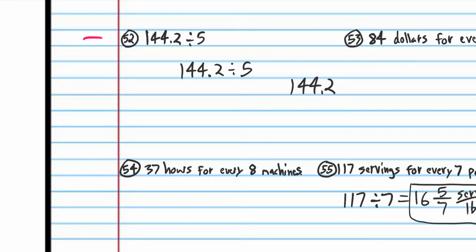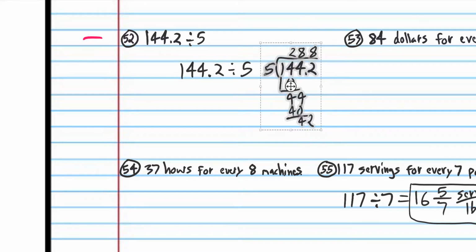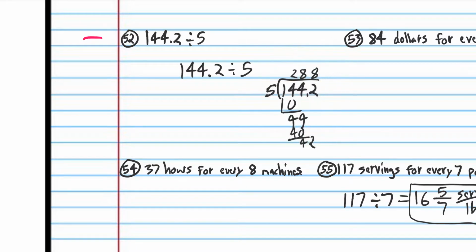If you take 144.2 and you divide by 5, 5 goes into 14 2 times, subtract, bring down the 4. 5 goes into that 8 times, 40, bring down a 2. And 5 goes in 8 times again. 5 times 8 is 40, so we put the 40 down there. And as you can see, there are no more numbers here.